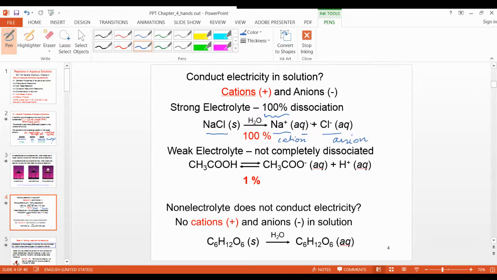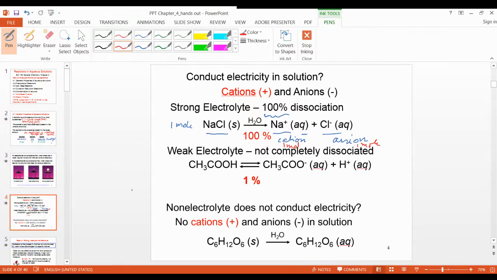These ions split apart and you have a lot of ions, 100%. How 100%? Suppose this is 1 mole of NaCl, then after dissociation you will get 1 mole of Na plus and 1 mole of Cl minus, 100% dissociated.